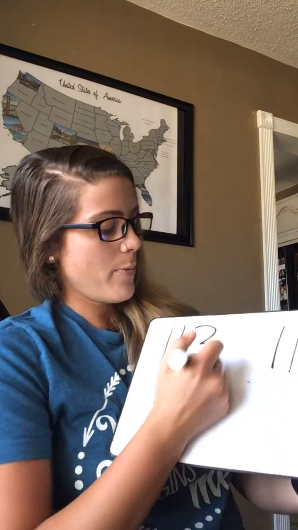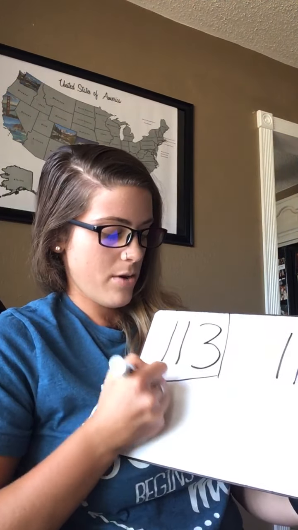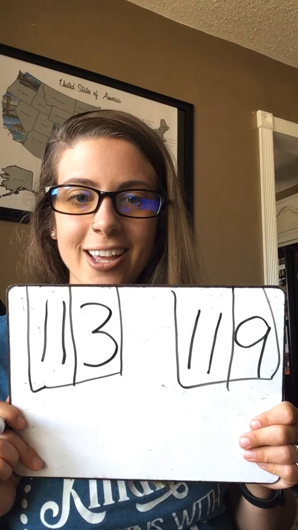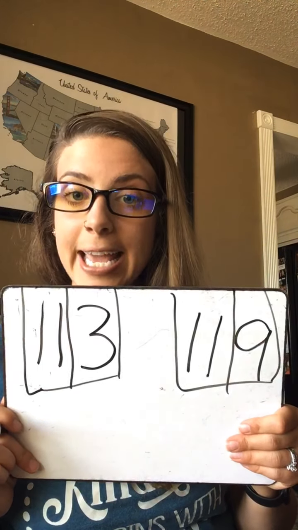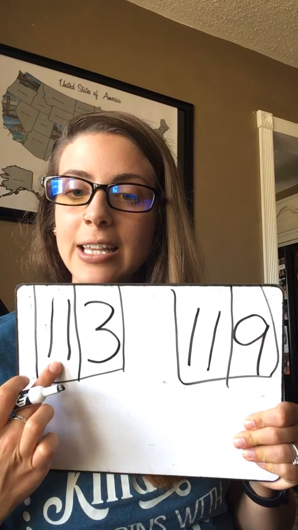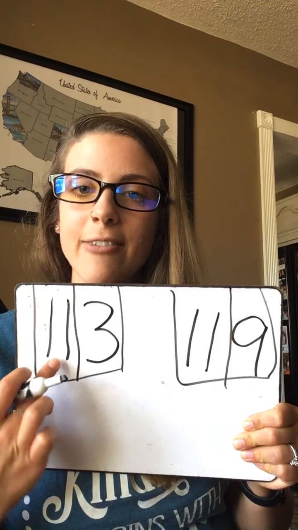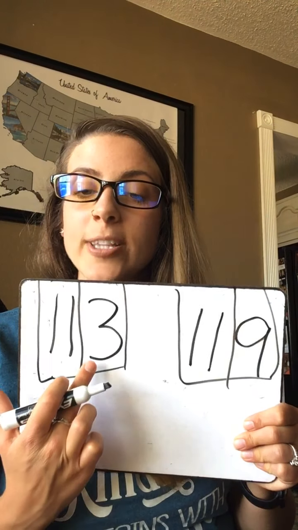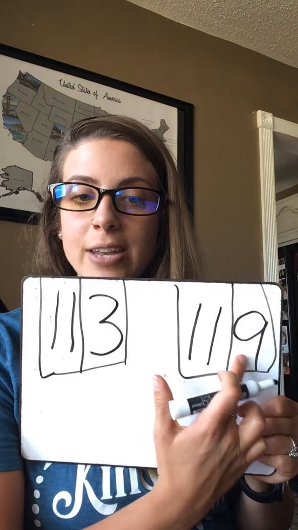We can see if we put them in our place value chart, what do you notice is the same or what's different? Think about that. What's the same? They both have 11 tens. 11 in the tens place. What's different? In the ones place we have a 3 and then we have a 9.